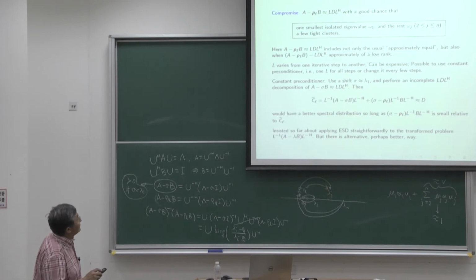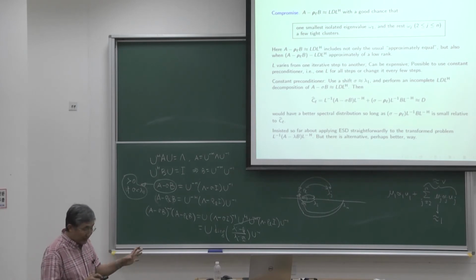You fix the preconditioner to be constant. How do you do that? Usually, say we compute lambda 1. You can always estimate where the range of lambda 1 is. That's not hard using Lanczos or any iterative method. So you pick a sigma almost equal to lambda 1, in the small range. Then you do one LDL decomposition, and then you can actually estimate in the middle the C matrix.